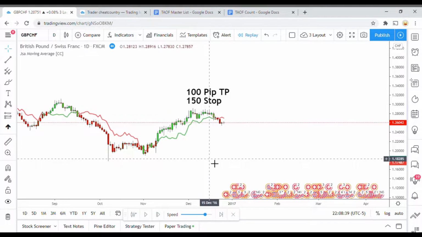All right, so like I said, today's indicator is the JSA moving average. Now, those of you who have been following me for some time, you will know that we have tested many moving averages here on the channel. We even at one point did a head-to-head testing of moving averages.